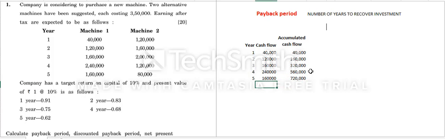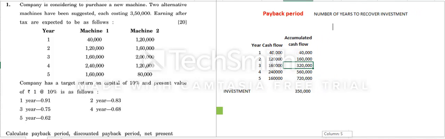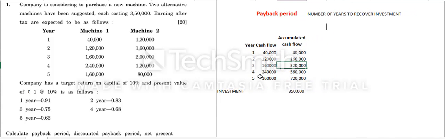So what is the initial investment of our company? So this is our investment, and we are able to recover investment of 3,20,000 at the end of third year. So that means at least 3 years are taken by the company and a few more months from the fourth year.